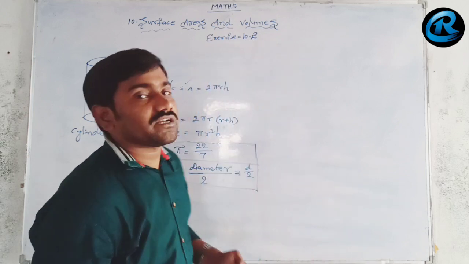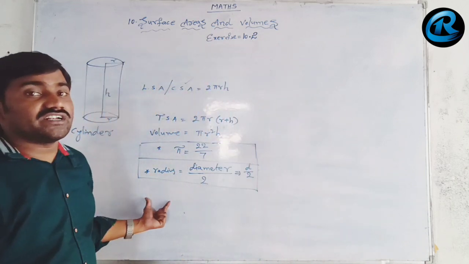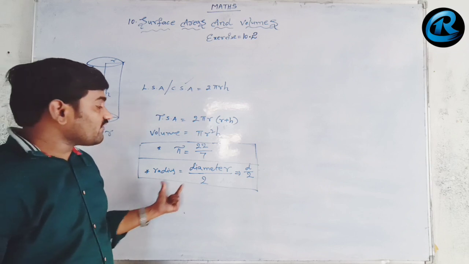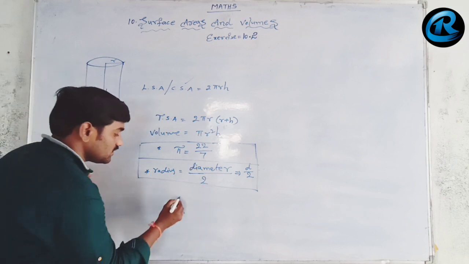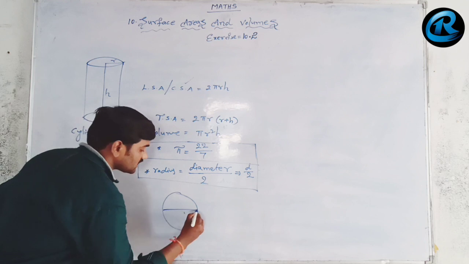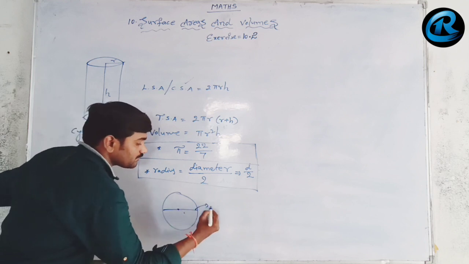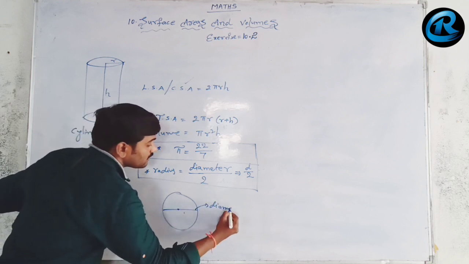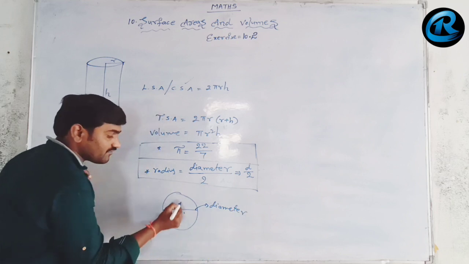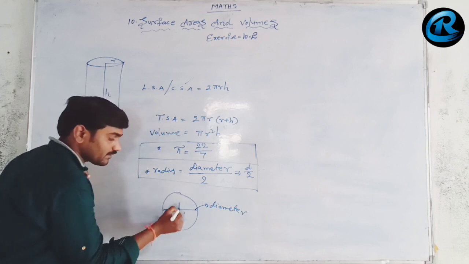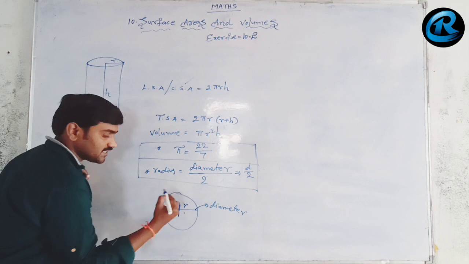Now what is the meaning of radius? How do we get the radius when the diameter is given? Half of the diameter is known as a radius. Suppose it is a circle. This is known as a diameter. Half of this diameter is a radius and this is a radius.